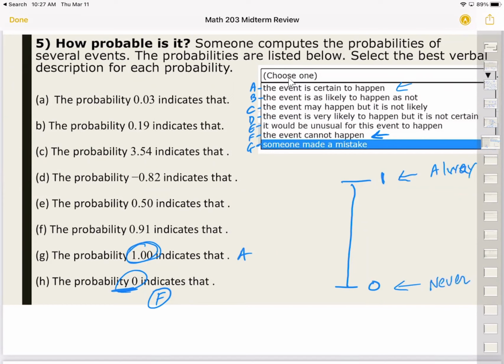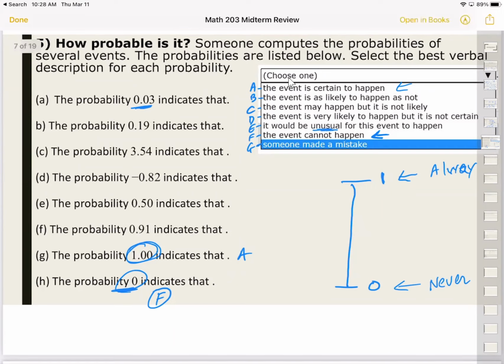So basically think in terms of your scale. If your probability is near 0, we know that A will not be it, F will not be it, and G will not be it. Remember the previous problem, how do we consider something unusual?